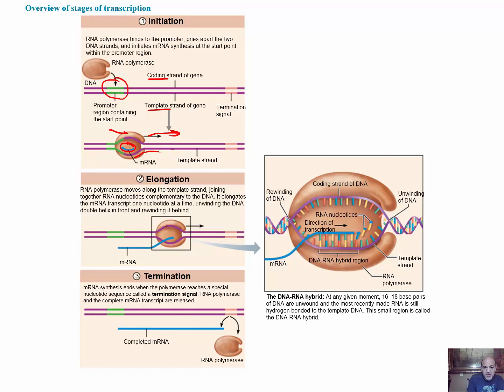As the RNA polymerase continues to add more nucleotides to the 3' end of this growing mRNA strand, that process is called elongation. And we zoom in here to see it more closely. At any point in time during this process, you can see those nucleotides being brought in.